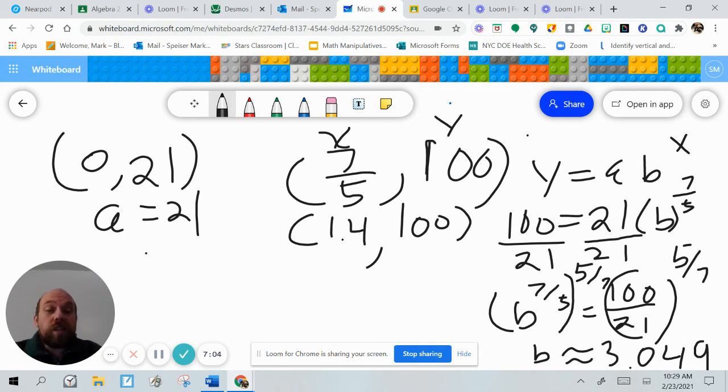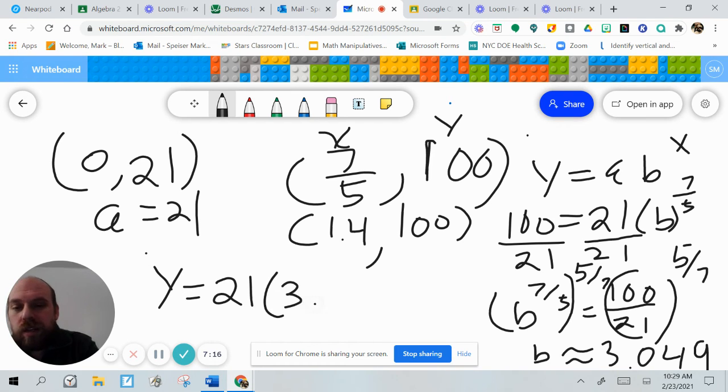That's what 100/21 to the 5/7 power is. So our b value is 3.049. And our equation is y equals 21 times 3.049 to the x power.